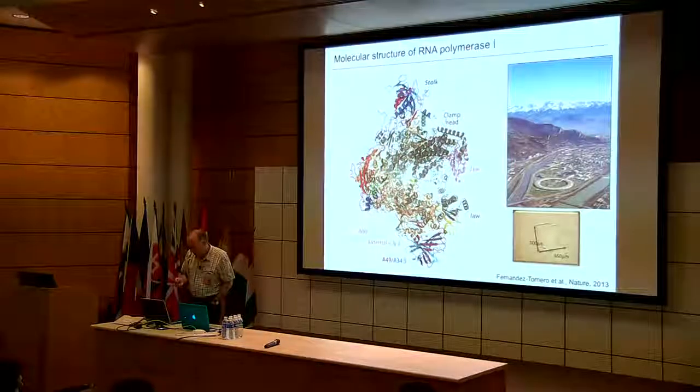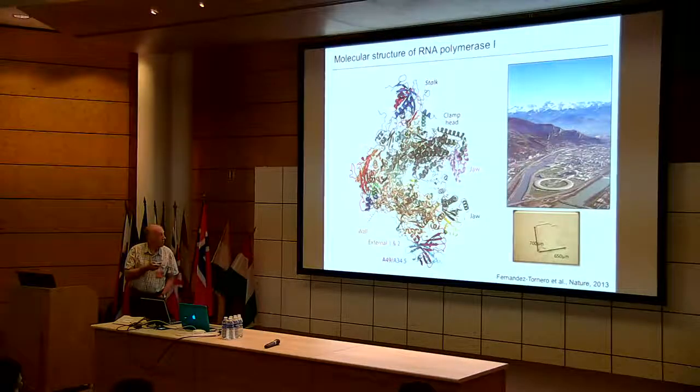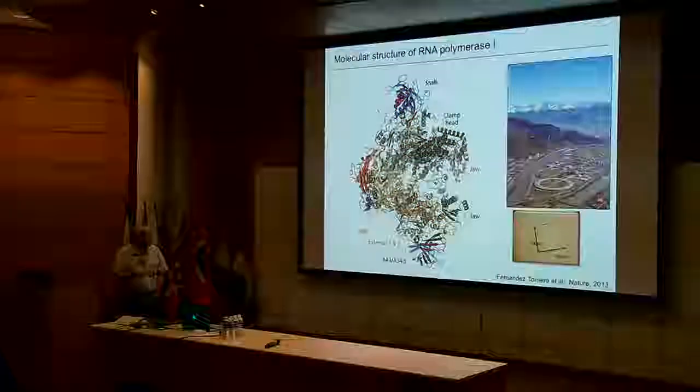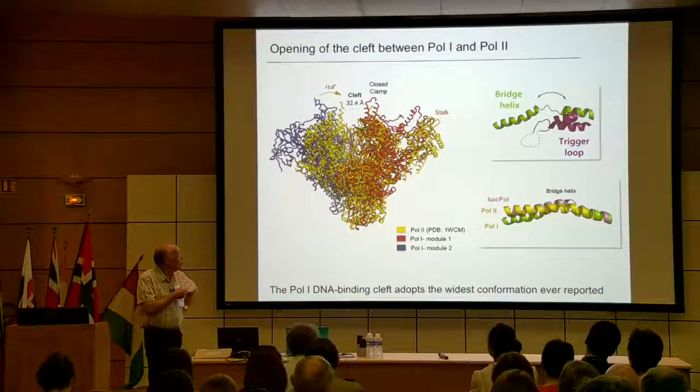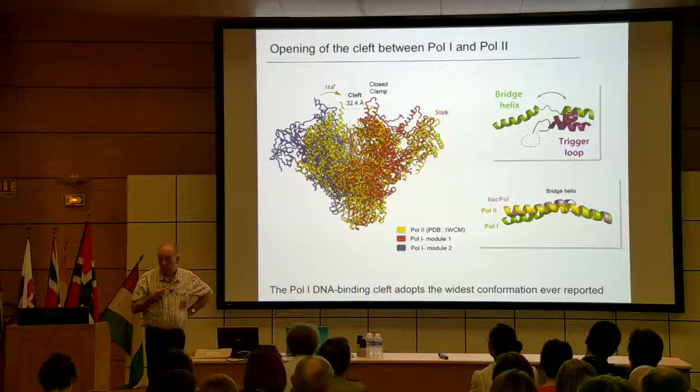So this RNA polymerase 1 structure was a first start, and what was surprising when we looked at it was that it had a very large DNA binding cleft, very widely open. It was so far open that the bridge helix, which is a helical element which bridges the 2 parts, was unwound in the center, and that was seen for the first time.